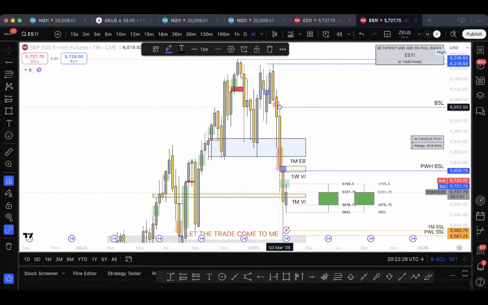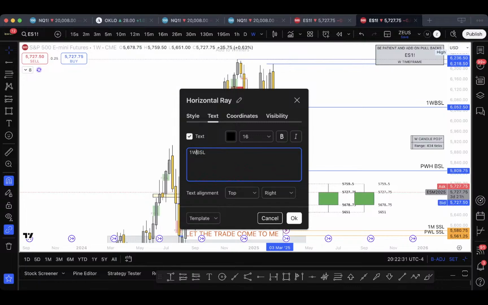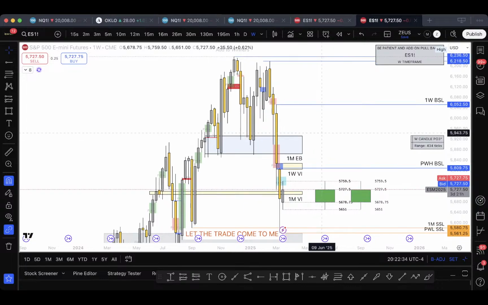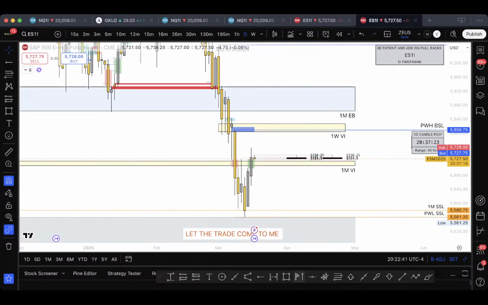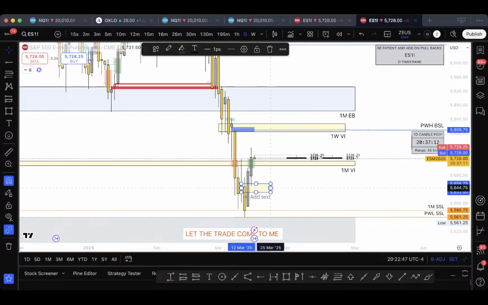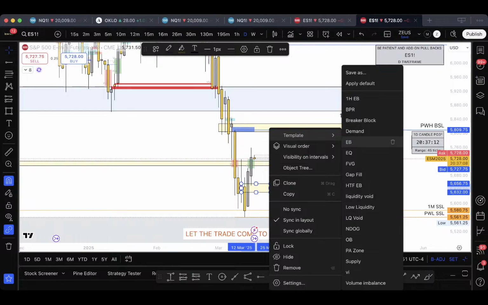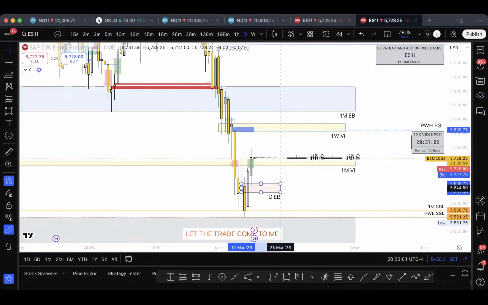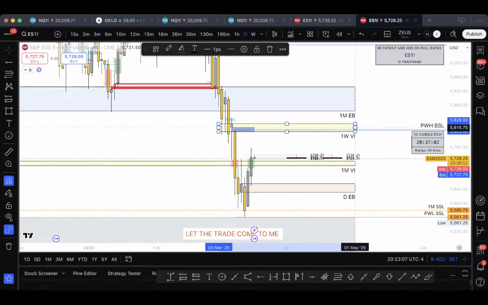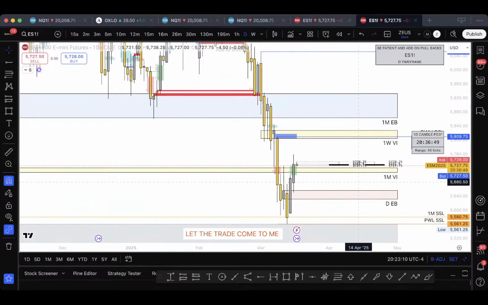Personally, I don't care for it. And we also mitigated that fair value gap here on ES as well.